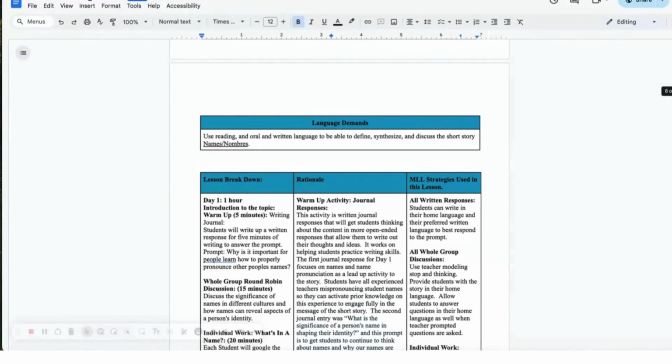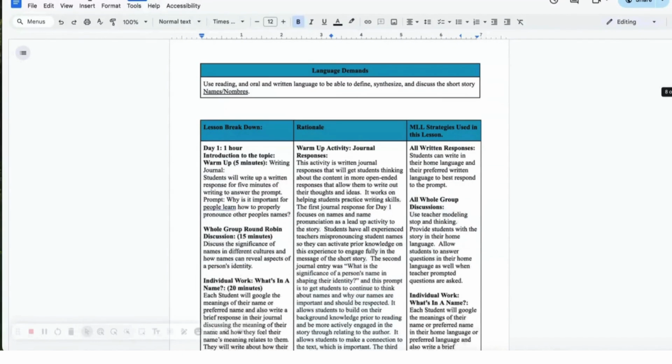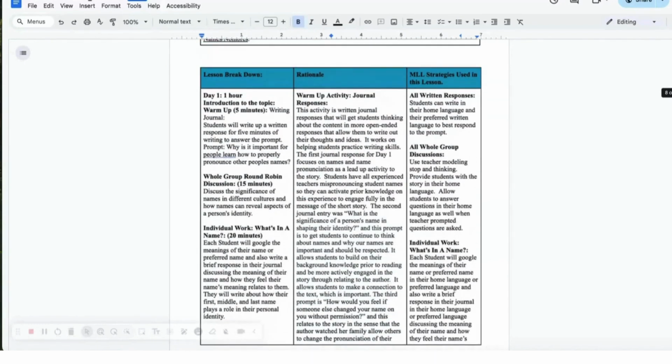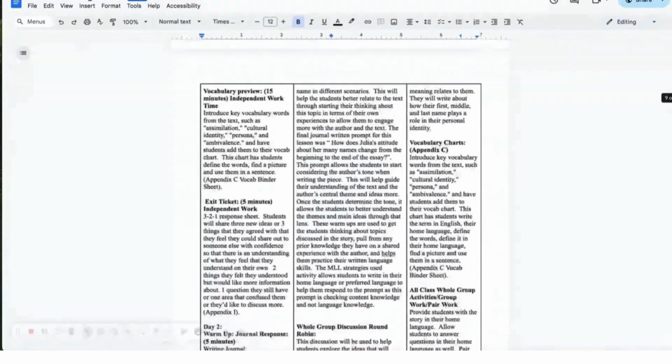I always do a lesson breakdown, and I always do a rationale, and then I like to list the MLL strategies that I would be using within my lesson. So I do have the multiple columns. My rationale just helps me remember why I'm making them do each piece of this activity.